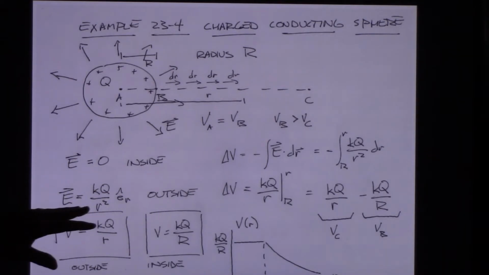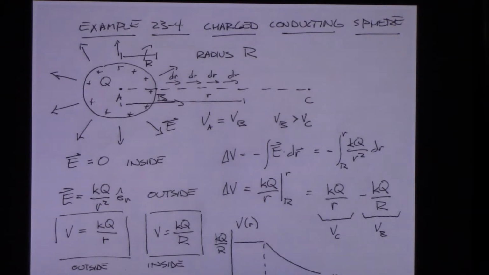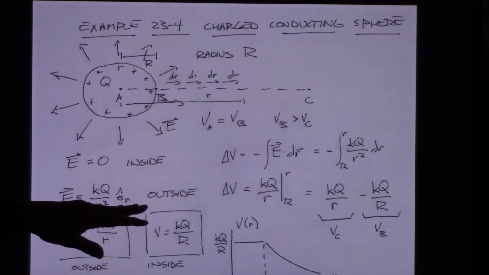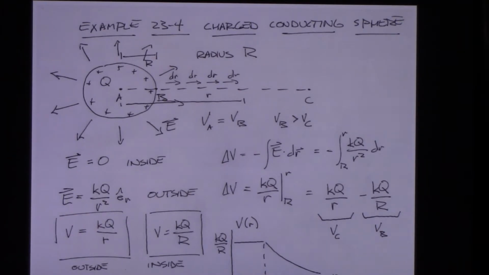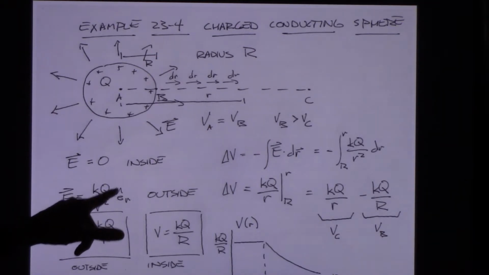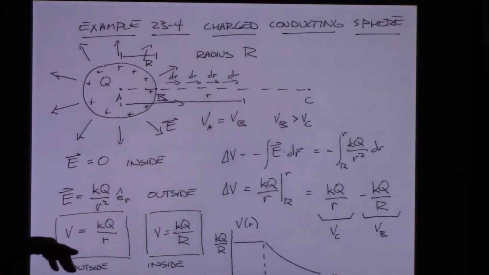And then outside, we had solved this using Gauss's law. I've written this in vector notation. I've kind of gone back and forth, but from time to time I want to write it in full vector notation. Unit vectors are going to be represented as little e's with a little hat on top, and then a subscript which tells which direction.